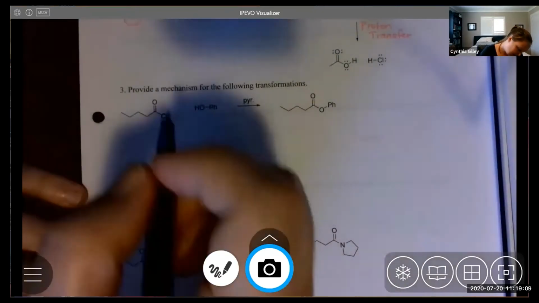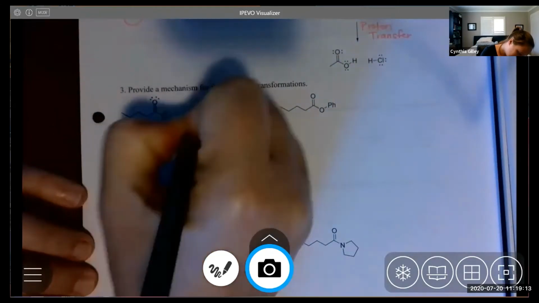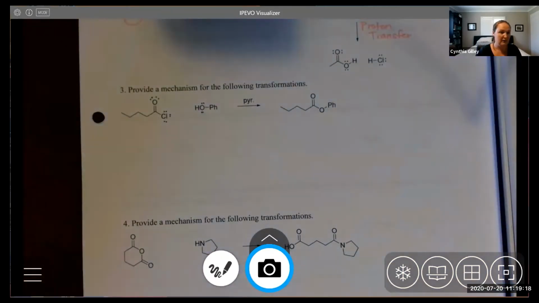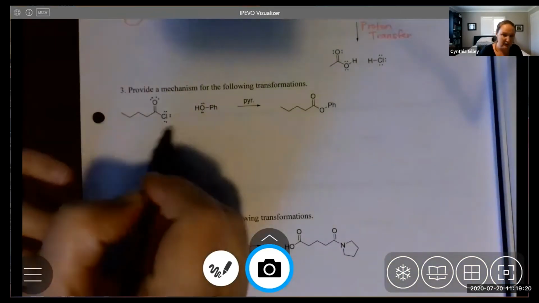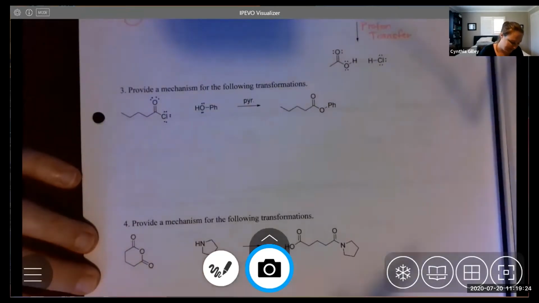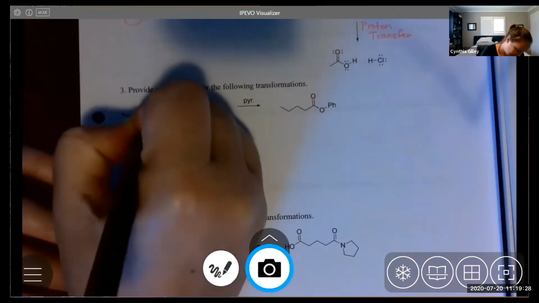Okay, so we're going to draw a mechanism. So we're going to put in some lone pairs. And then we will remember that when you have an acid chloride, you don't need an initial proton transfer, so no acid is present. Okay, so we'll just do a direct nucleophilic attack.